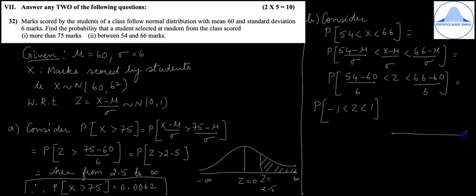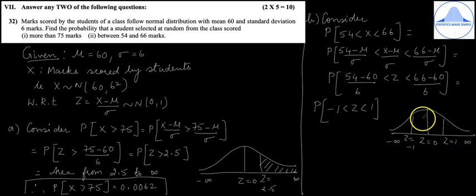So let's draw the standard normal curve. The center line is z equal to 0. The extremity is minus infinity and infinity. Then minus 1 is negative, so mark it on the left tail, and 1 is positive, so mark it on the right tail.